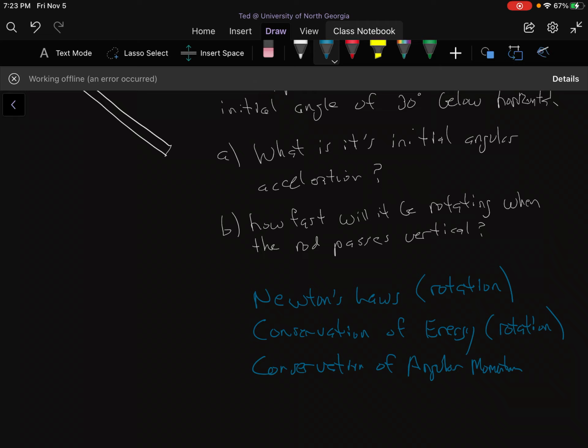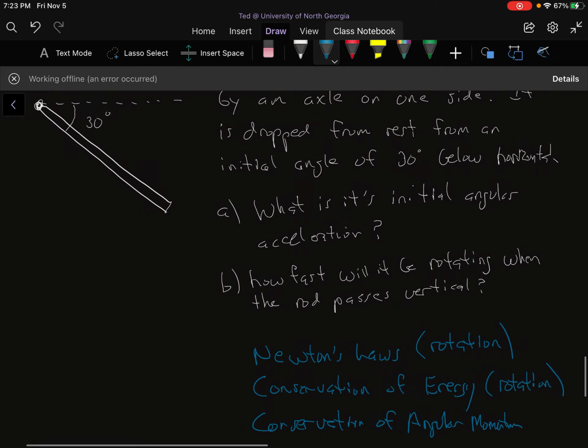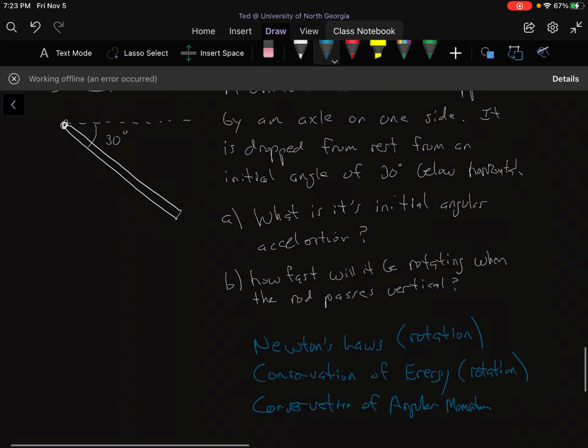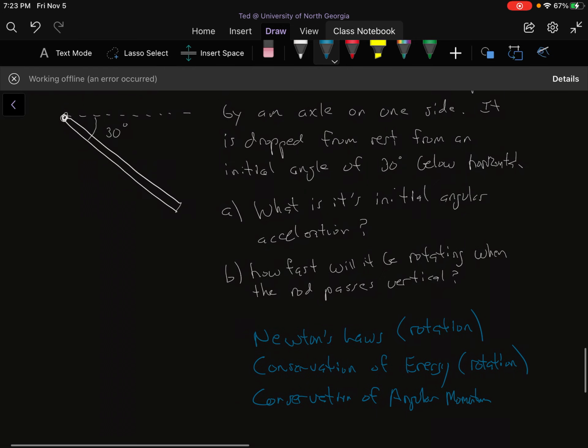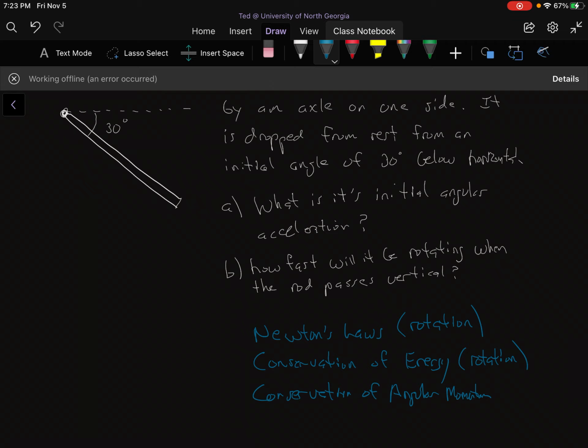However, for part B of this problem, we want to find out how fast it's rotating when the rod passes vertical. So, should I use conservation of energy, or should I use conservation of angular momentum? Let's see. If I want to use conservation of angular momentum, then what I'm looking for is an object that's isolated that sort of changes shape, so its moment of inertia changes.